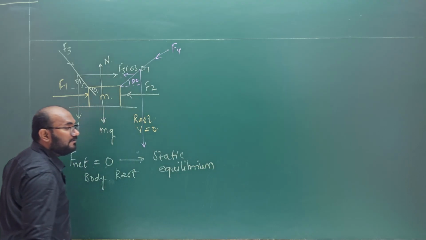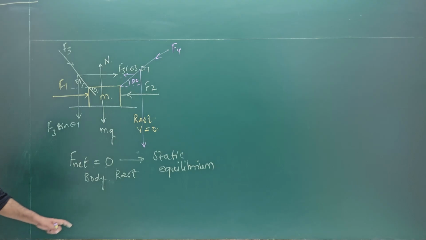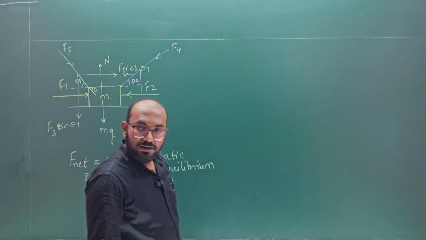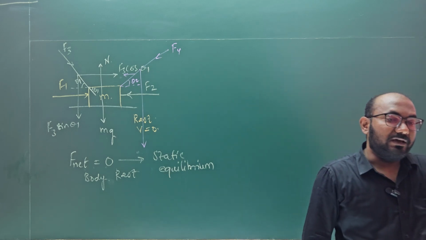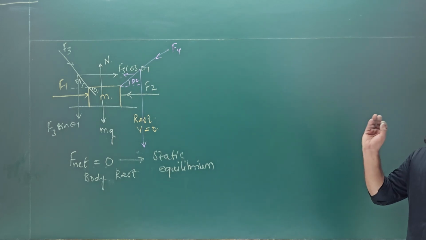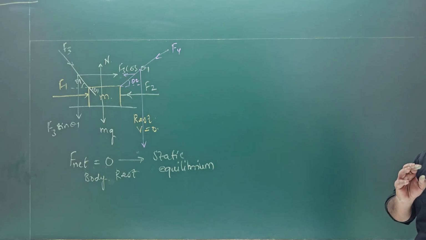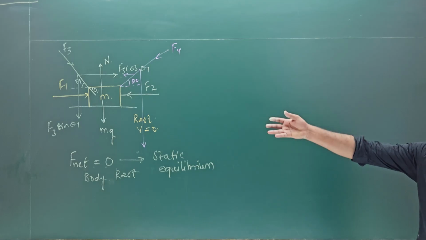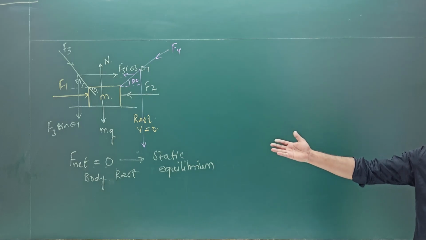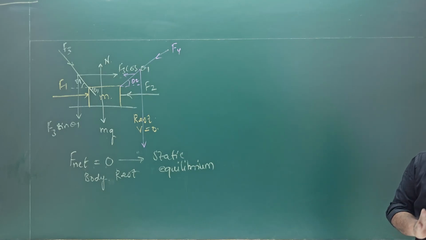Static equilibrium. Why are we calling this static equilibrium? Because the body is at rest. Rest, we know, is also called static. So the body is in equilibrium. So if F net, the net total of forces acting on the body, is equal to 0, and a body at rest remains at rest, we call that static equilibrium.